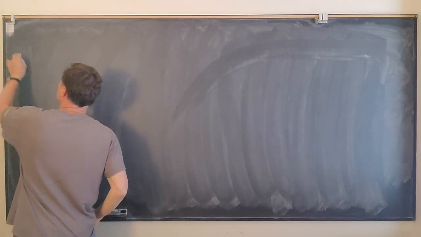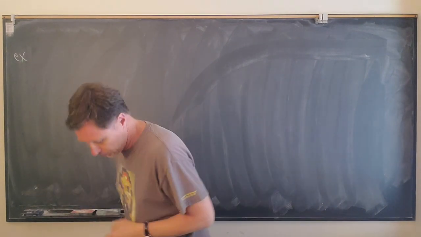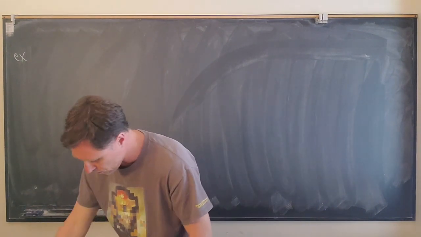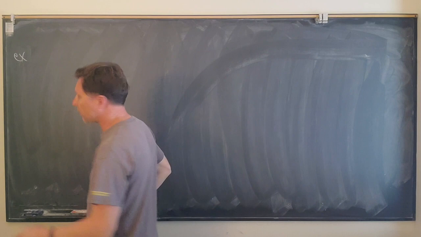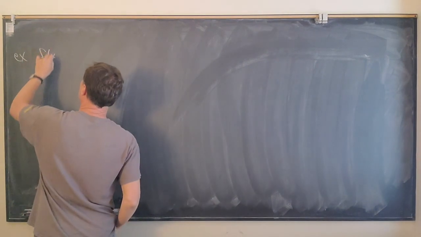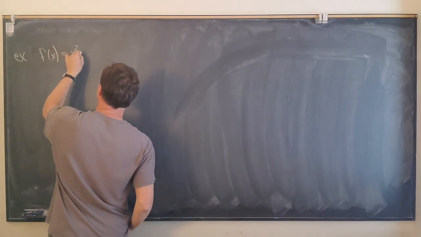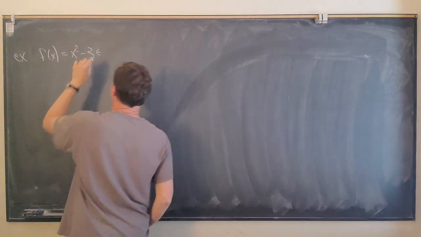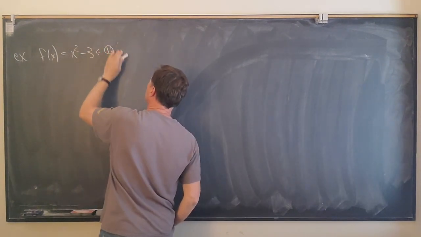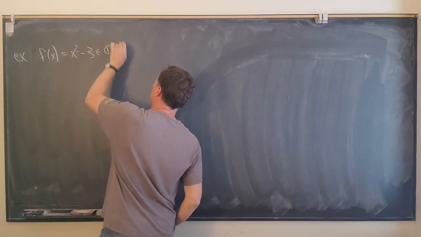So let's look at some examples now. The first one, let's just look at the polynomial f of x equals x squared minus 3 living in Q[x].